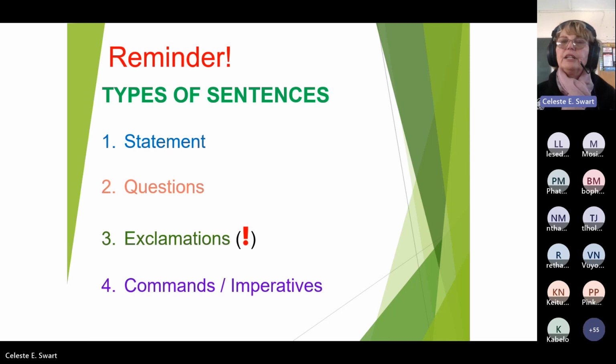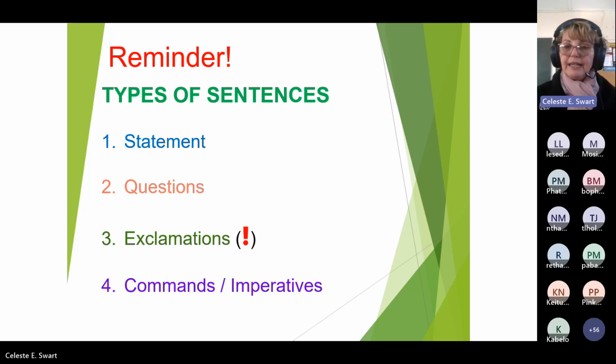Just a reminder, if you have a pen and paper, maybe you can take a note or two about what you've already learned. So, the following has been taught so far. You've learned about the types of sentences, the following that we've already done.